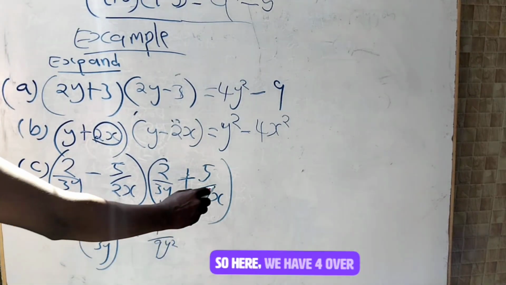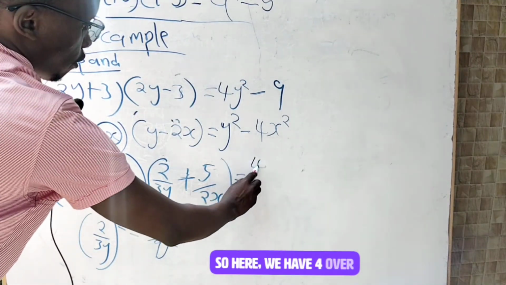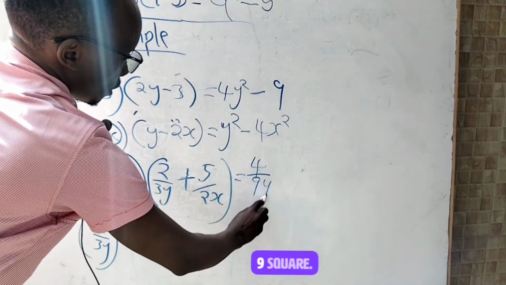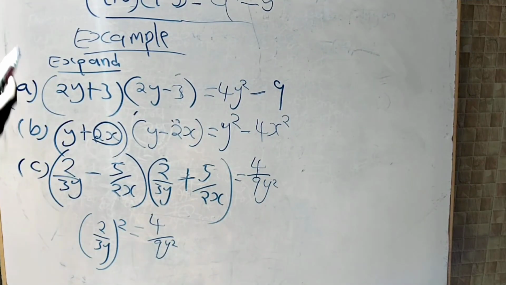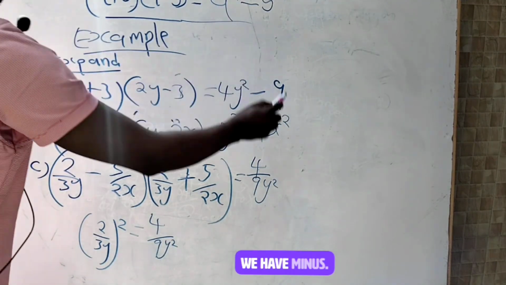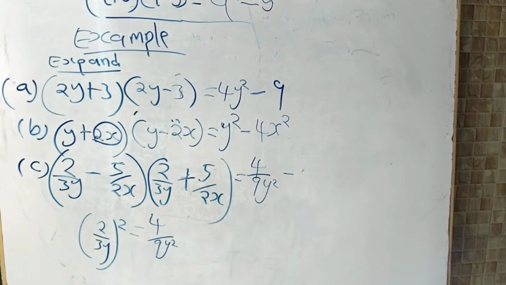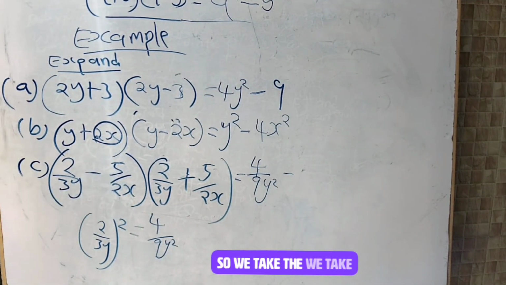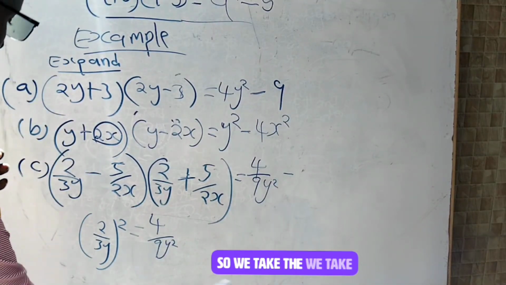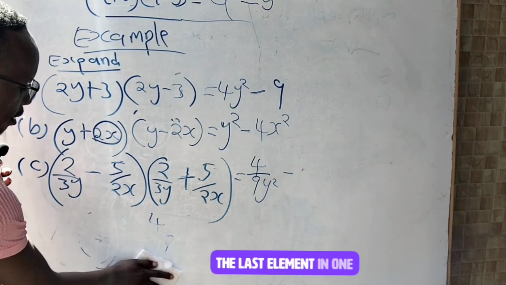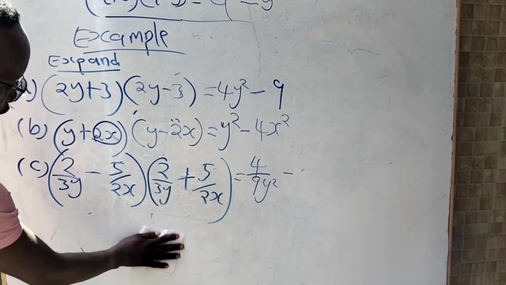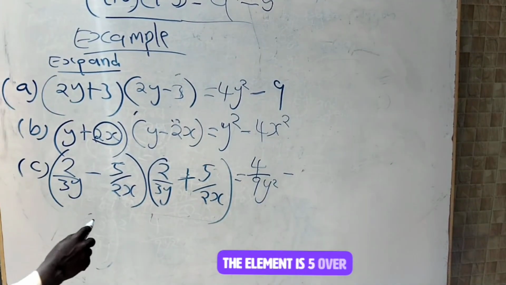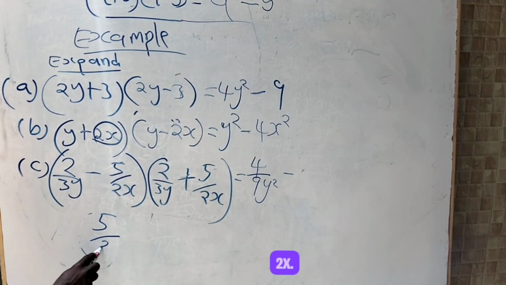So here we have 4 over 9y squared. Next we have minus. Then we take the last element in one of the brackets, which is 5 over 2x.